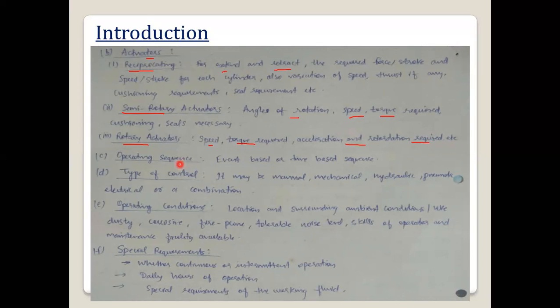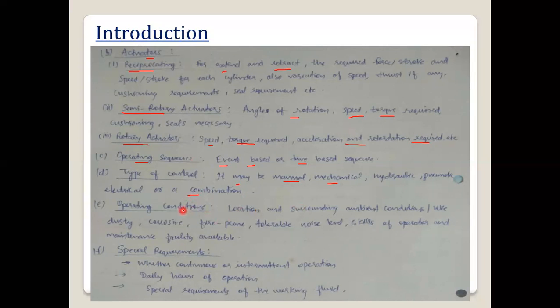Then the third important point we will consider is the operating sequence. So how the operation of the circuit has to be done, whether it should be time based or event based. Based on this we can have the operating sequence. Then type of control: manual, mechanical, hydraulic, electrical, combinations are there.